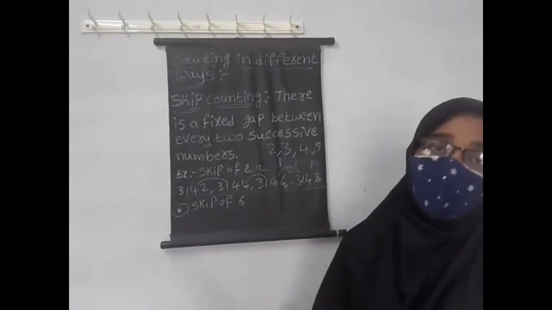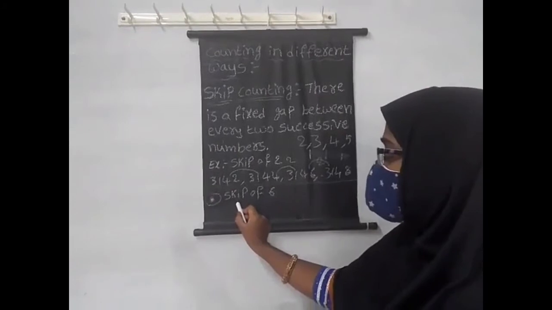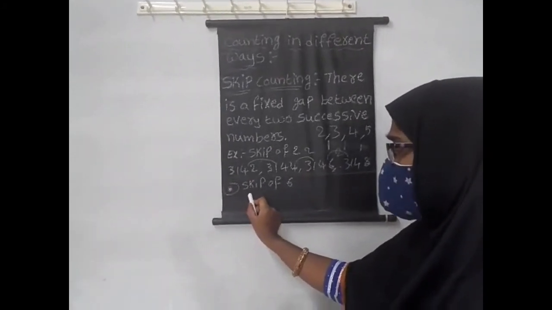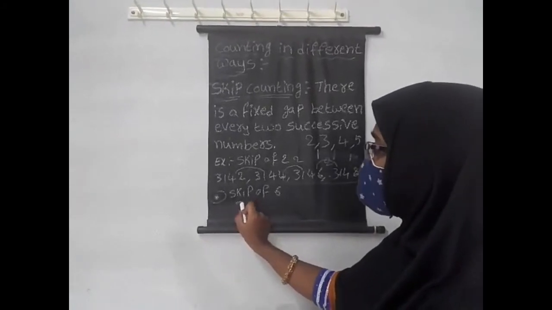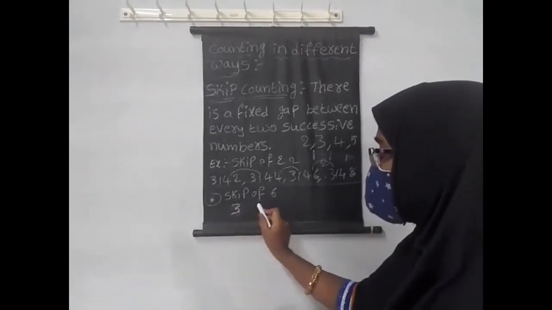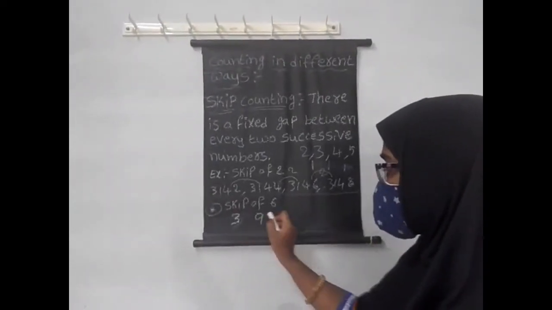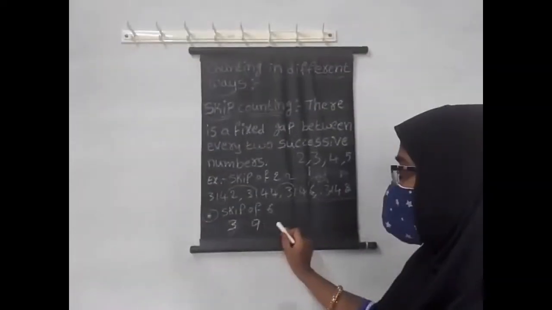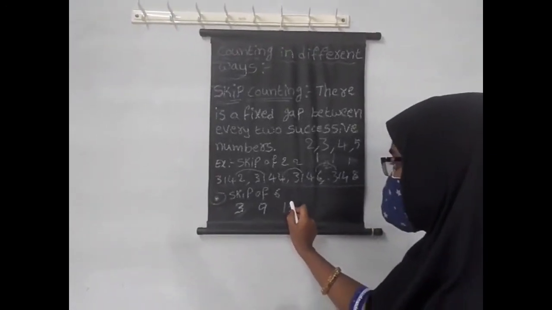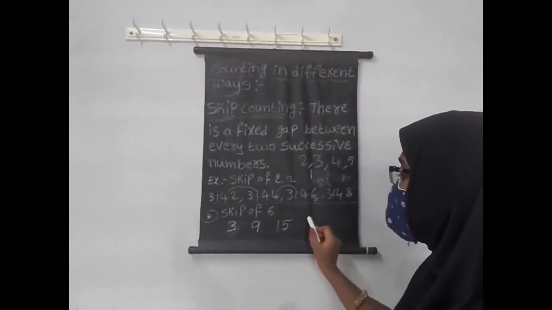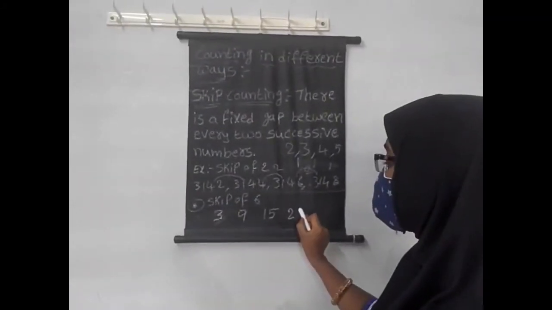For example, skipping of 6. If you have taken 3, first you have taken the number 3, and the next number with the skip counting of 6 is 9. After 9 comes 15. After 15 comes 15 plus 6, 21.